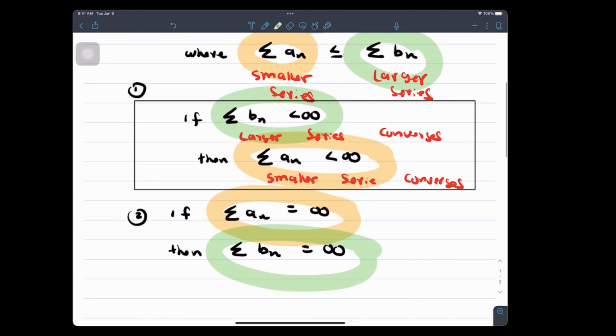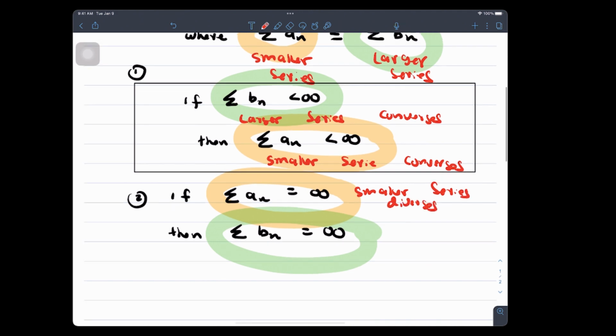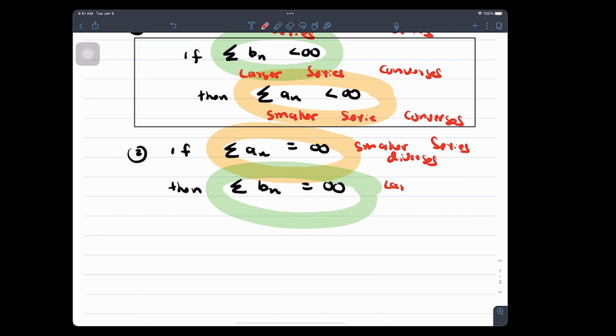Okay? So smaller series diverges implies that the larger series diverges. This is the second most important fact.